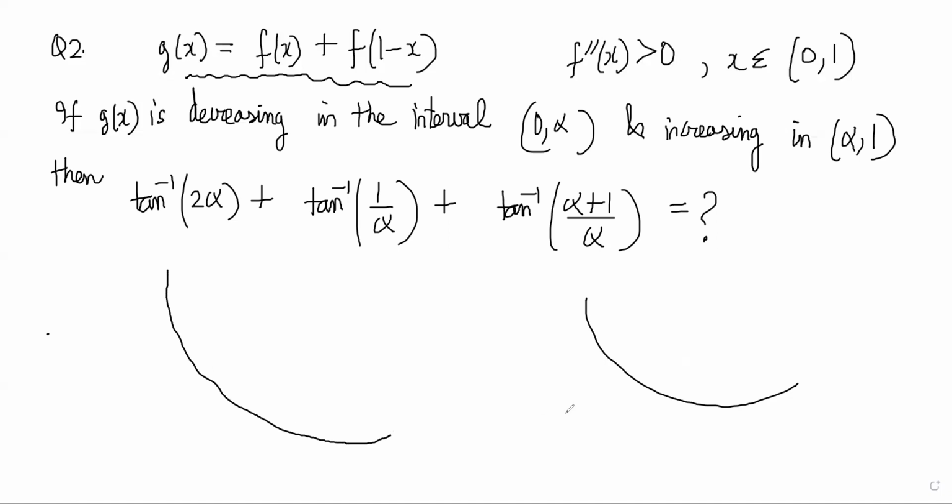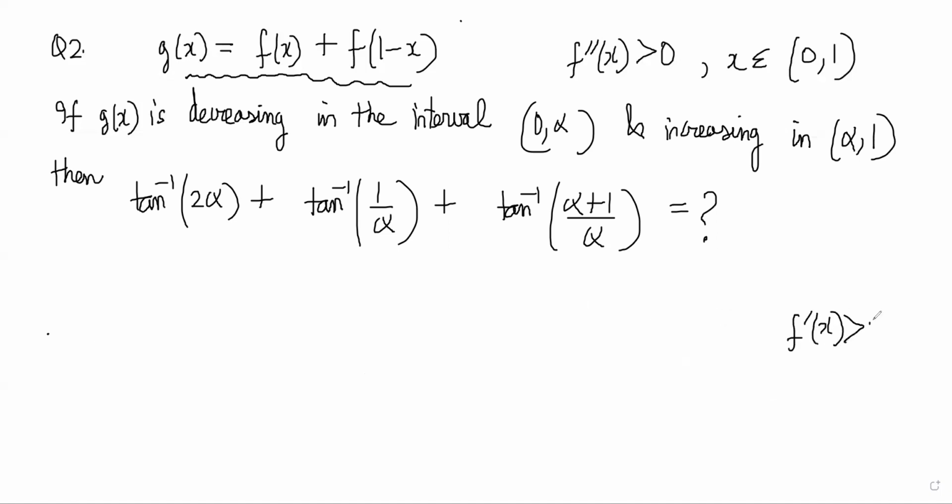So how do you know it is increasing? It's not necessarily increasing. Increasing is when f dash x is greater than 0. It is not necessary that if the double derivative is positive, the single derivative is also positive.